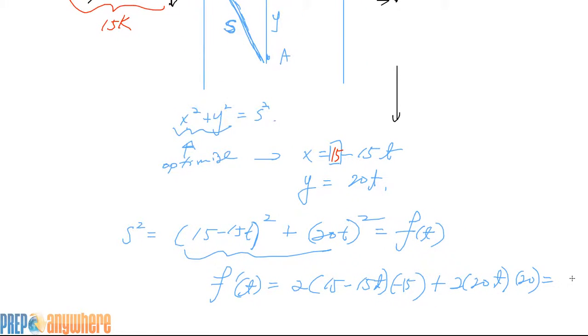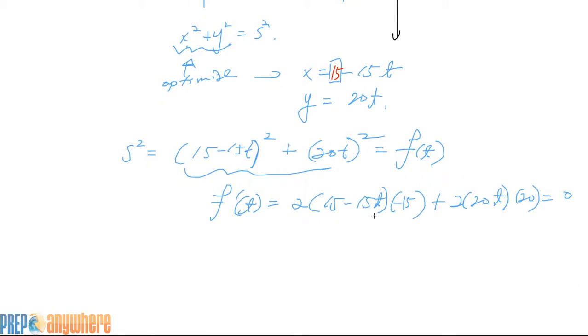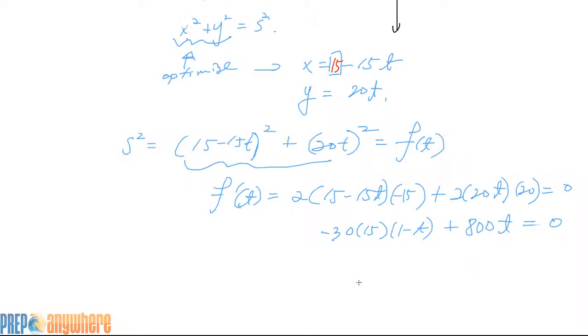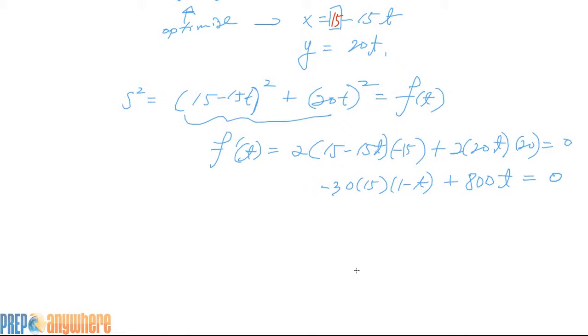And you've got to set this equal to 0. And this is a linear function. What is that? 400? Is that 800? Okay. What is that? Minus 450?